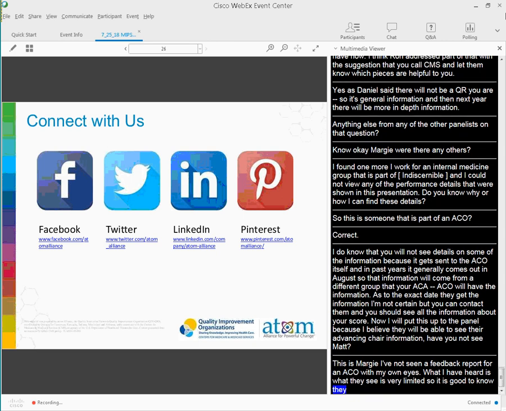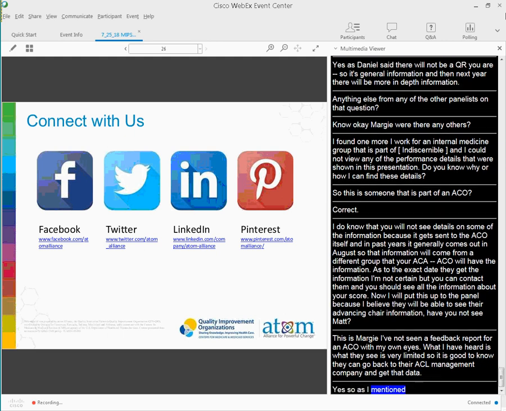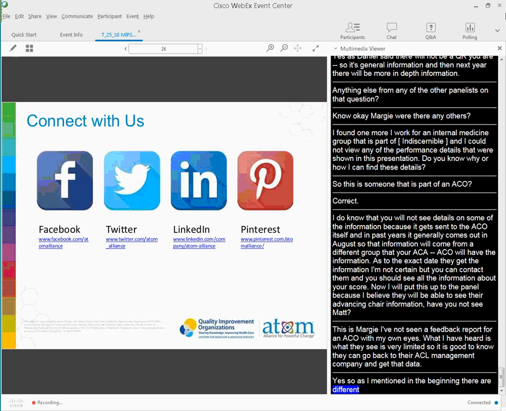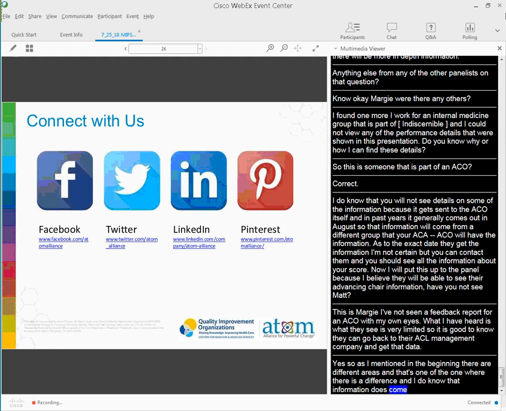Yeah, so as I mentioned in the beginning, there are different scenarios, and that's one of the ones where there definitely is a difference. A lot of that information does come from the ACO itself. Actually, there's a lot of detailed information that the ACO gets back from CMS.